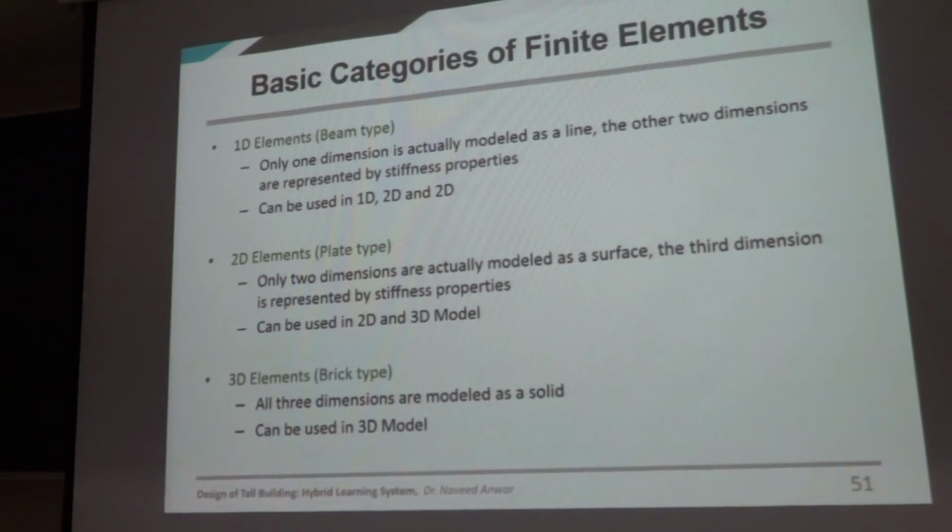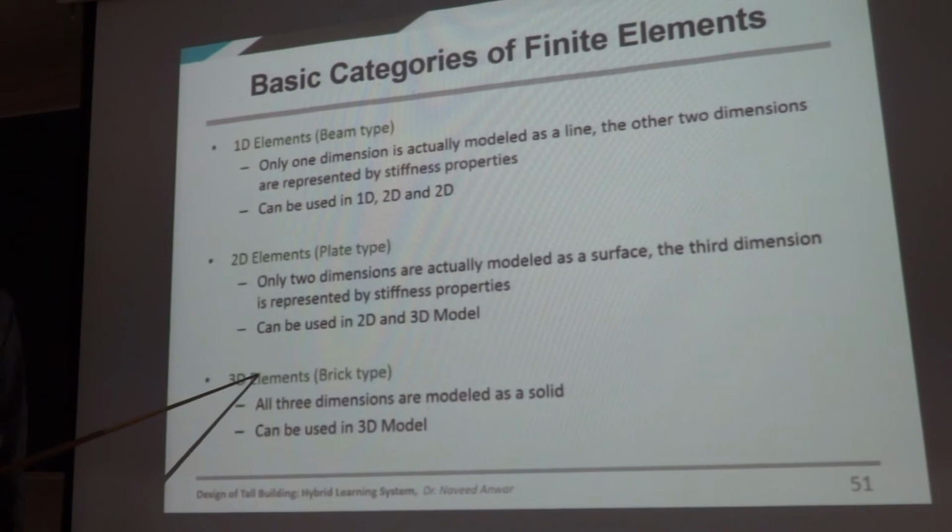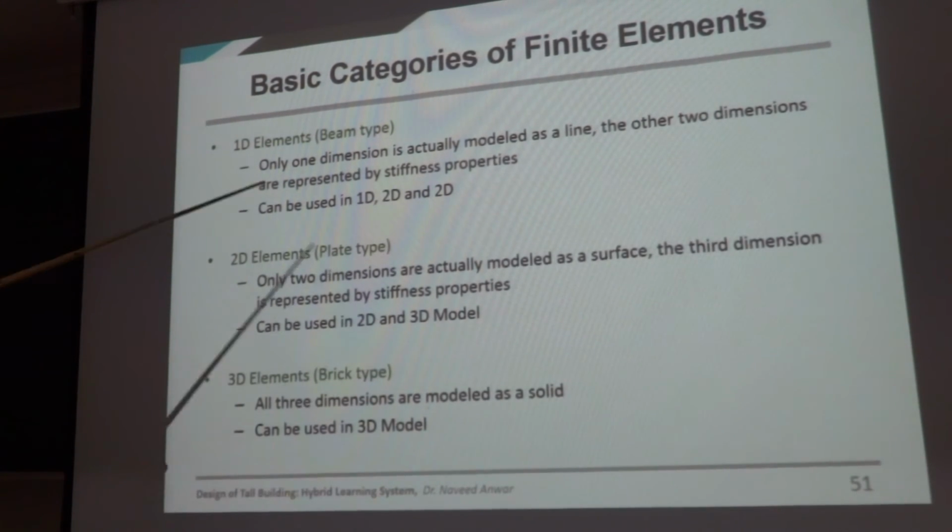So basic categories of elements are 1D, 2D and 3D. That's it. Many people confuse the type of element with the modeling space. Modeling space is how you are going to represent your structure. Nothing can be represented in 1D. 1D means zero space. It doesn't exist.